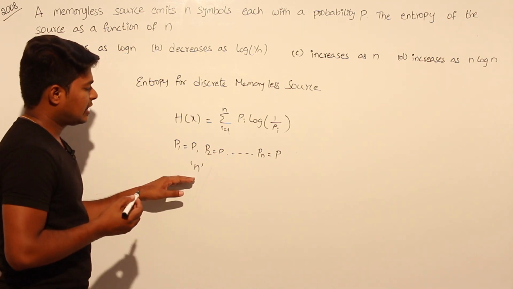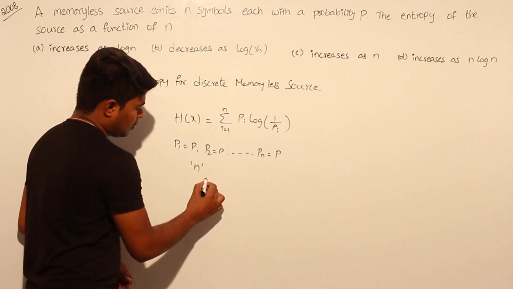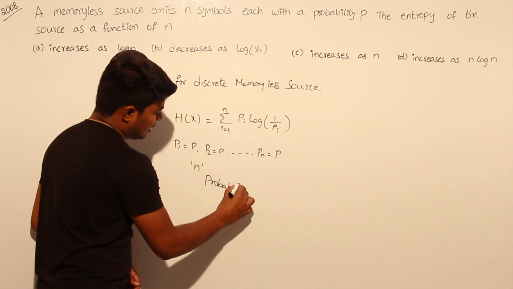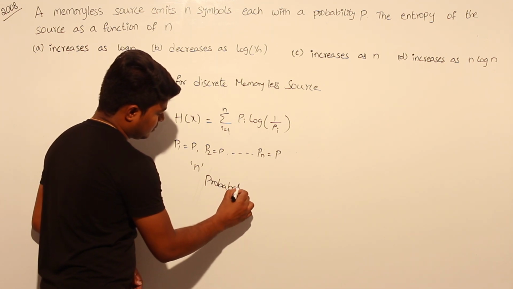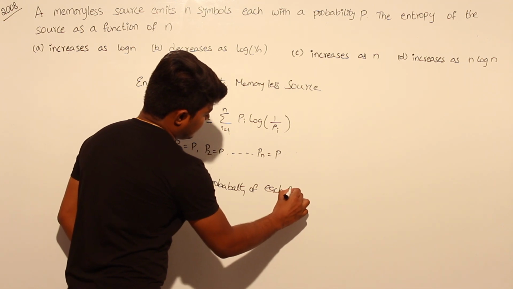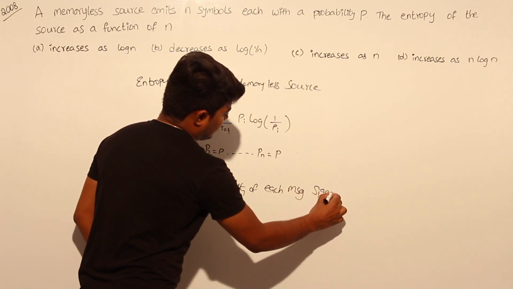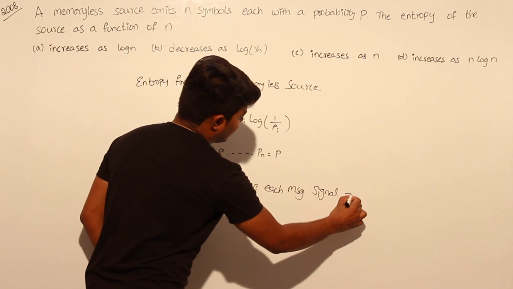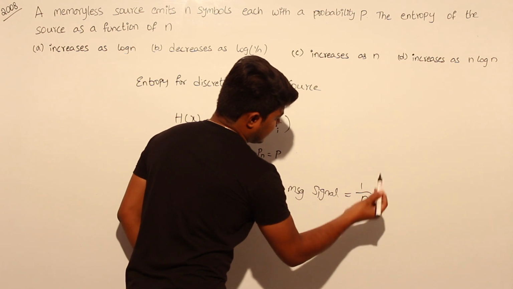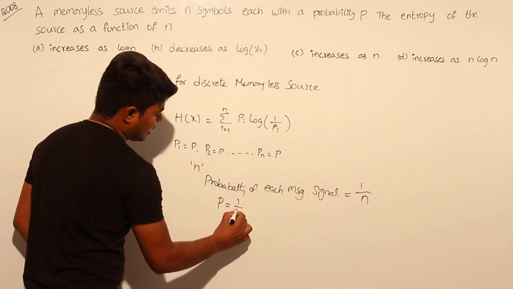Now we need to calculate the probability of each message signal, that is equal to 1 by n, since there are n symbols. So p equal to 1 by n.